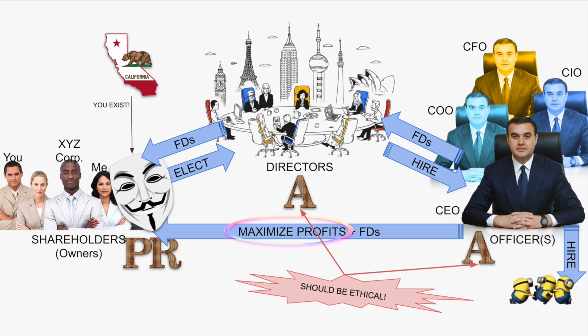But the duty of loyalty means that directors and officers working in their official capacities as corporate fiduciaries have to act without personal economic conflict. Corporate officers and directors cannot use their position of trust and confidence with the corporation to further their private individual interests, maybe by taking opportunities that would have otherwise been available to the organization or by self-dealing.